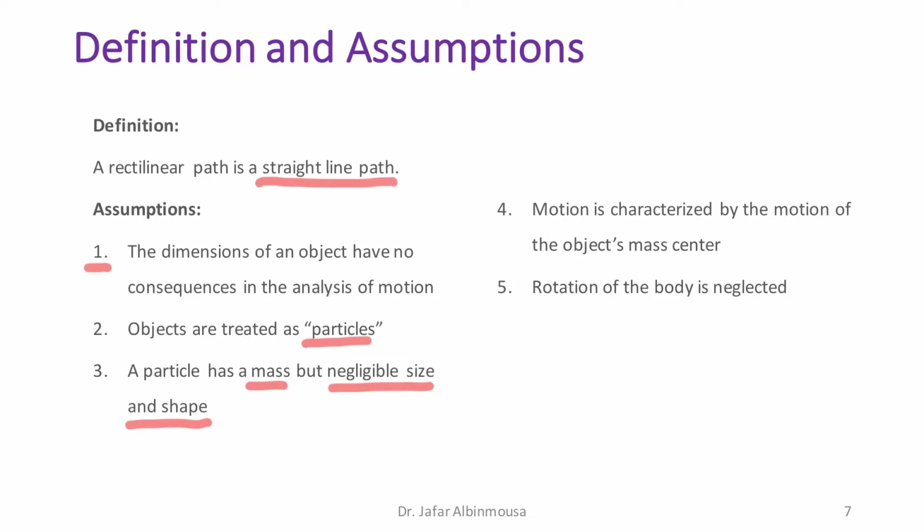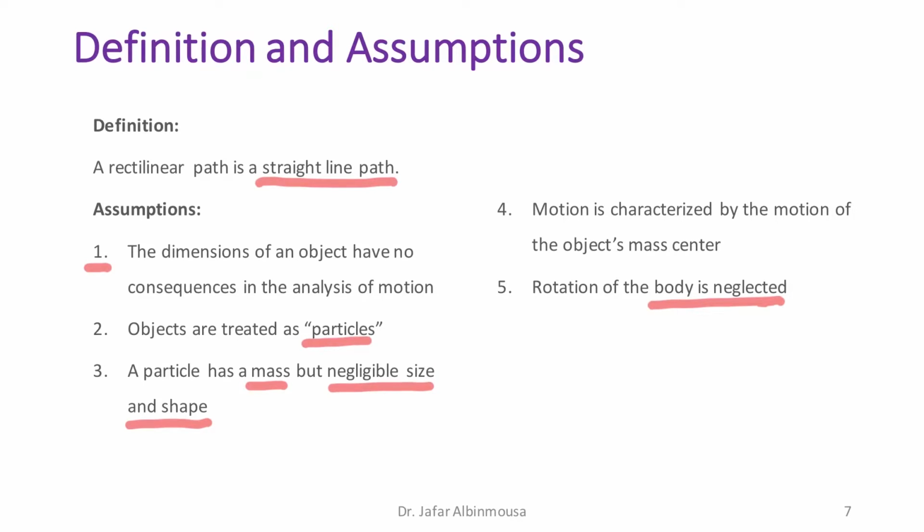Motion is characterized by the motion of the object's mass center, and the rotation of the body is neglected. So the rotation here is basically the spin. So even for that particle, we don't assume that it will spin. These assumptions are very important, and I'm going to try to remind you about them as we move on.